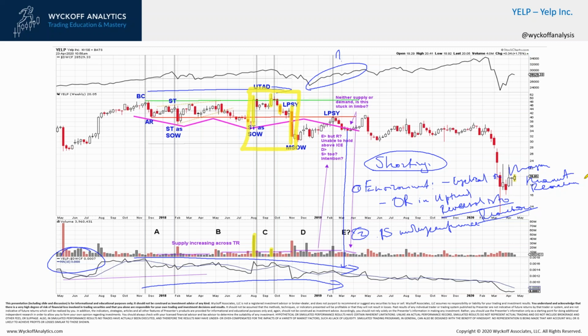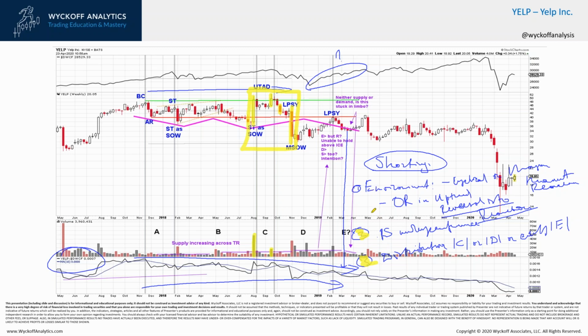The third requirement is going to be a structural requirement. So we want to be in the distributional structure, and in Wyckoff terms we want to be either in phase C or in phase D or early phase E. And if we look at all of these requirements, everything was perfect. Definitely distributional structure, definitely relative underperformance.